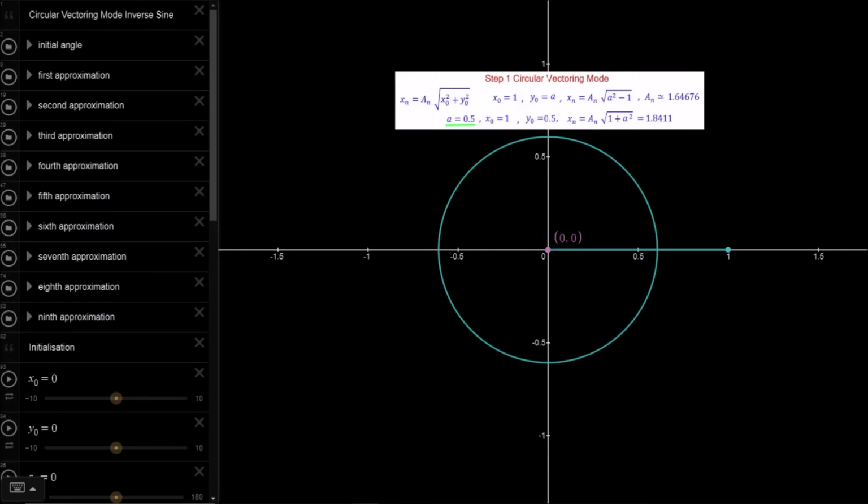Now you're going to have another set of folders here, and you can see here it's got the initial angle and it's got first approximation, second, third, fourth, fifth, all the way up to the ninth approximation. So we're going to have 9 different approximations here, and we've got 9 little bits of code that we run in order to generate those.